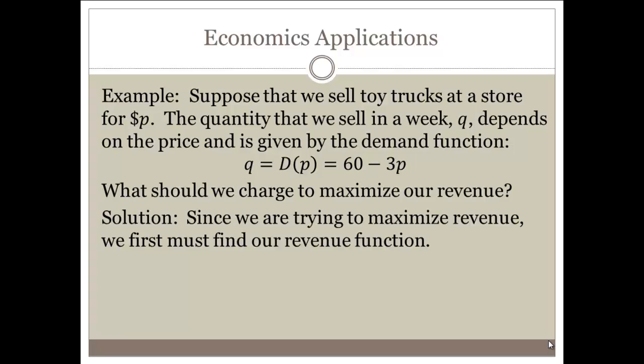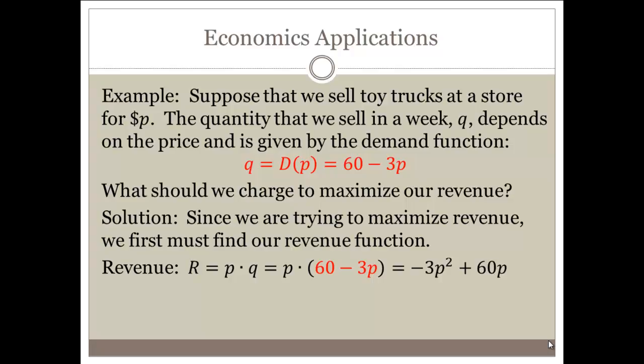Since we are trying to maximize our revenue function, we first must find our revenue function. Recall that revenue, R, is price times quantity, which in this case is P times 60 minus 3P, since the quantity is given by 60 minus 3P. Multiplying this out, we get negative 3P squared plus 60P.